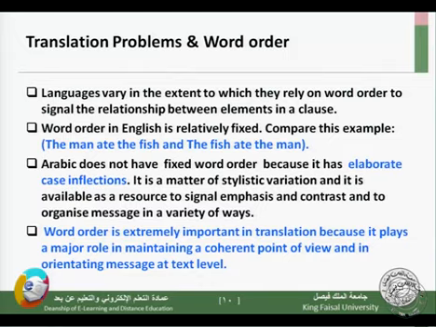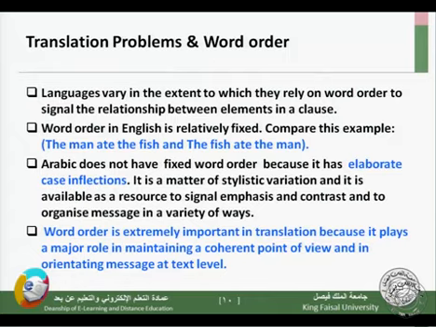So you will have a coherent point of view when you are reading a message because of the word order, and it orientates the message at the text level as well. So you look at the message and you see the order. In English it's fixed. In Arabic you can manipulate it because of the inflectional system we have.